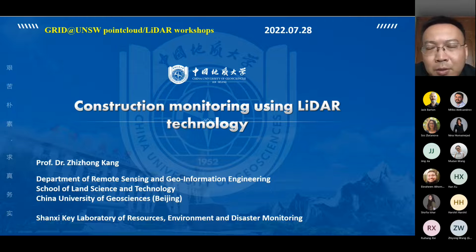I think those are the two quite popular construction. We are using LiDAR to monitor the safety in China. And my name is Zhizhong Kang from the China University of Geosciences.